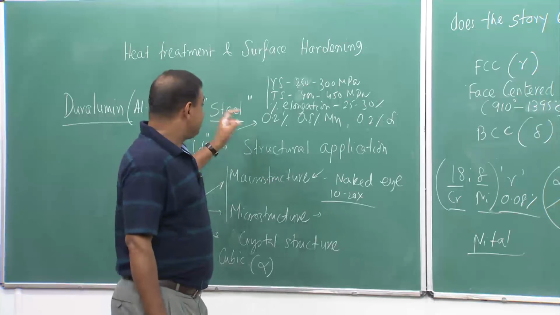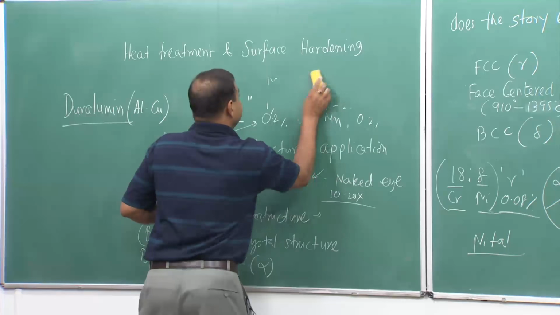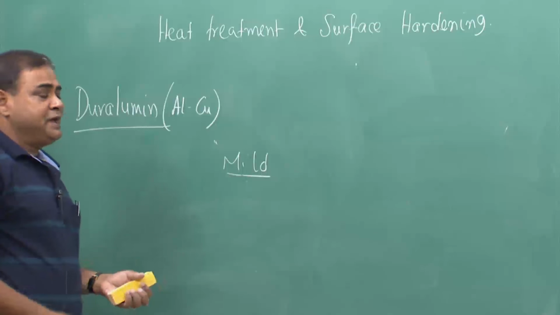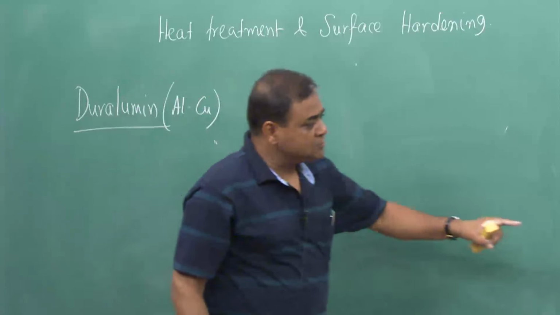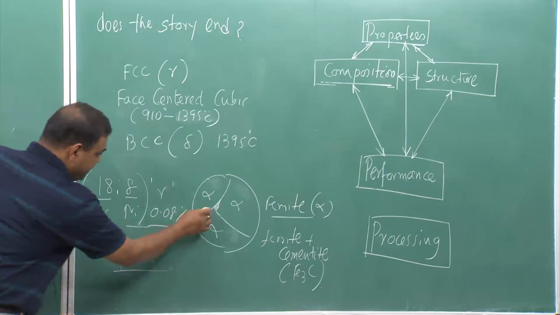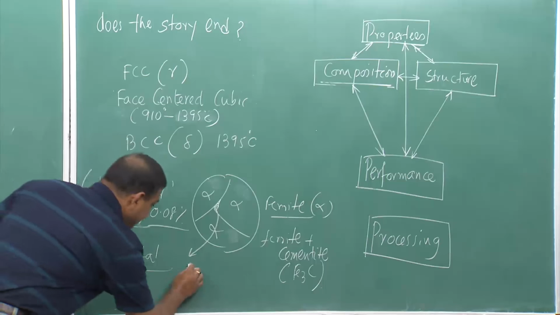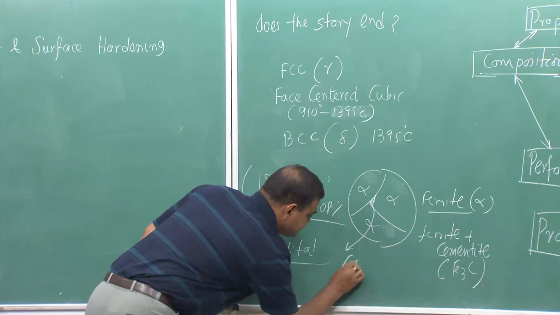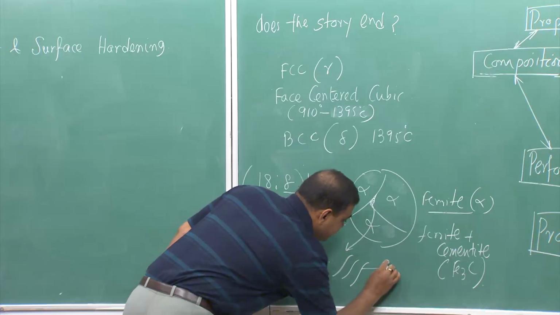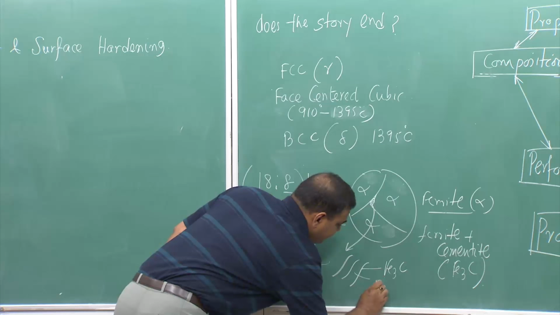Now, let us come to the mild steel. I am removing all the things now. In the mild steel, the kind of structure we have seen is this. Now, if we blow it up again, we will see the structure is like this, where these are Fe3C and these are ferrite.